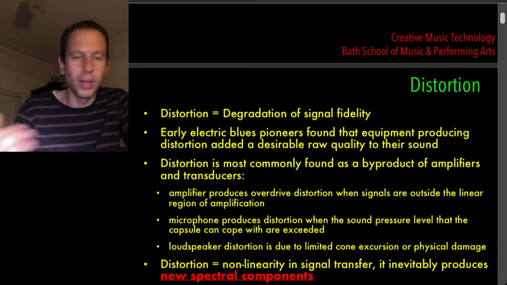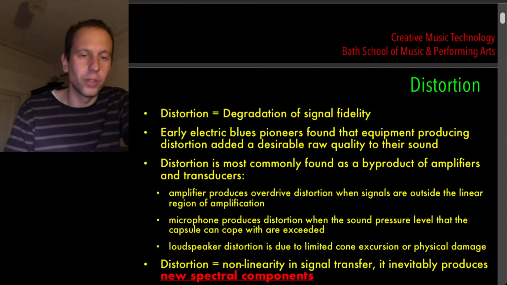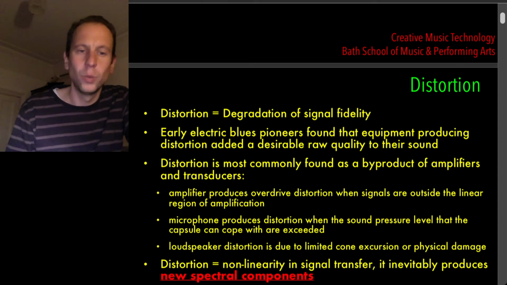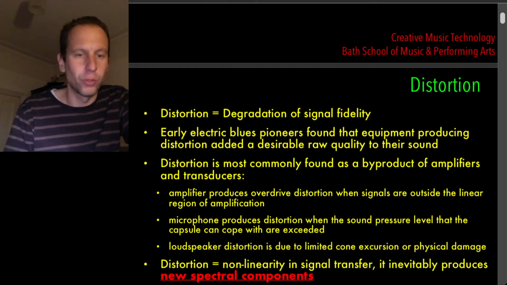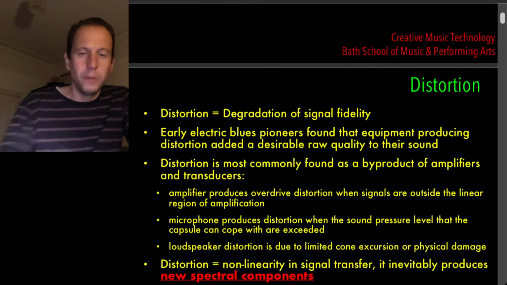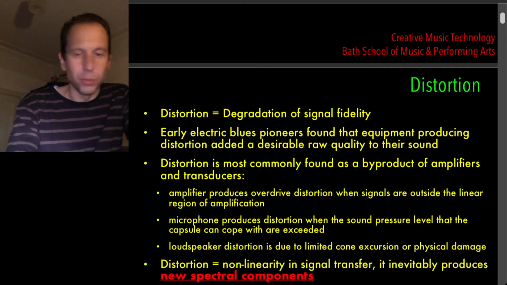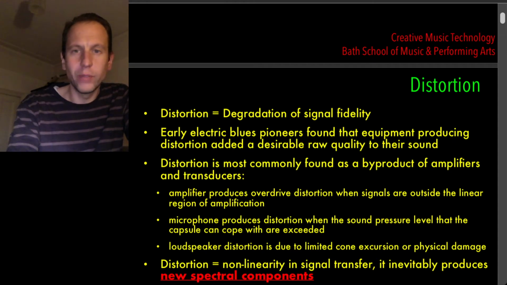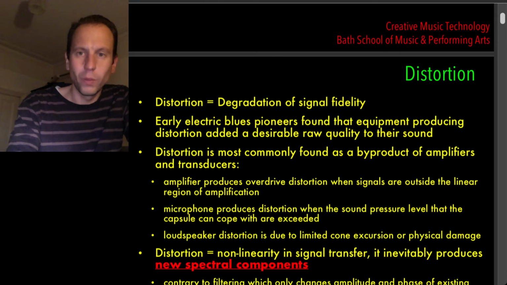Similarly, loudspeakers, evidently very often with the same moving coil mechanism, have physical limitations to the excursion of the cone, which will produce distortion if overdriven. So it is inevitable. That's quite crucial, and what we discussed last time was a set of dynamics processing algorithms.